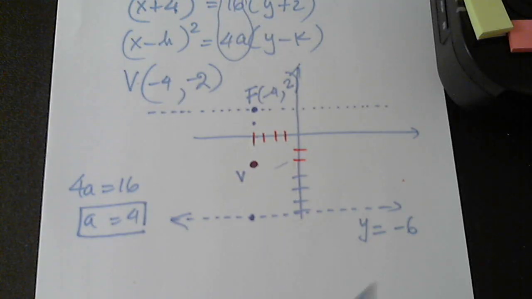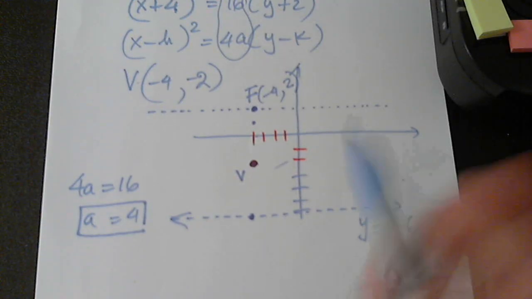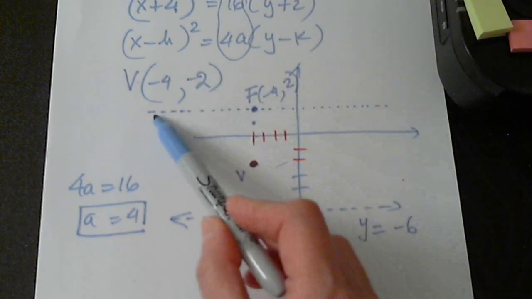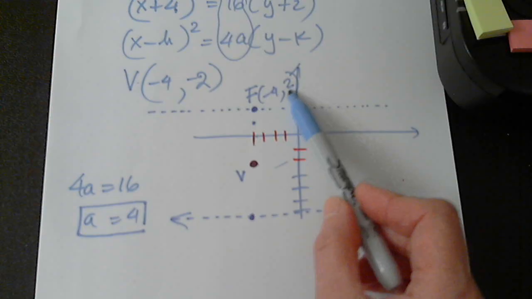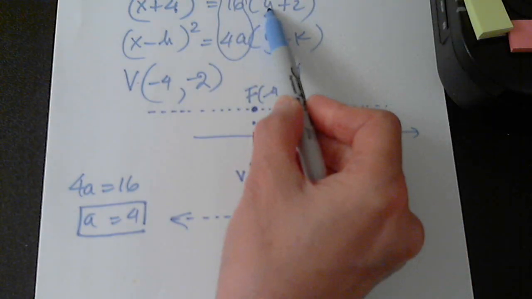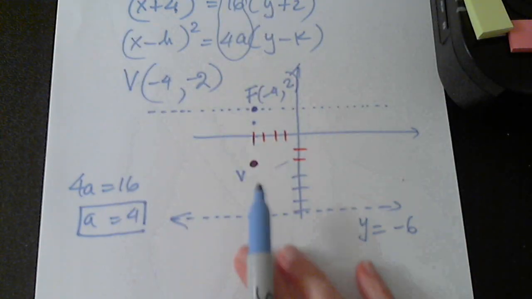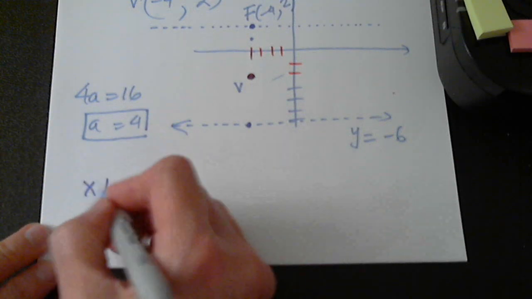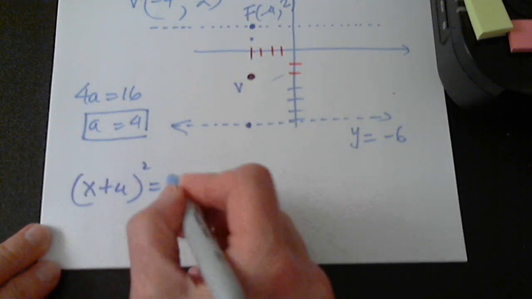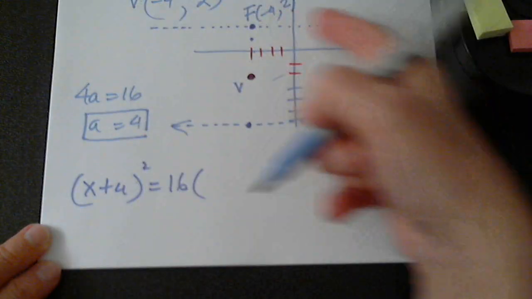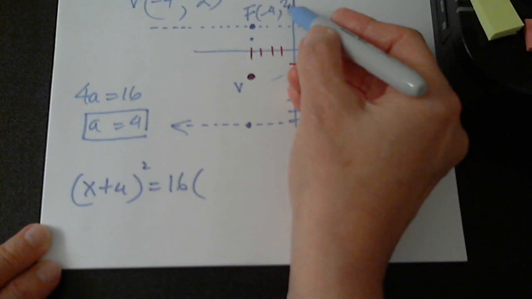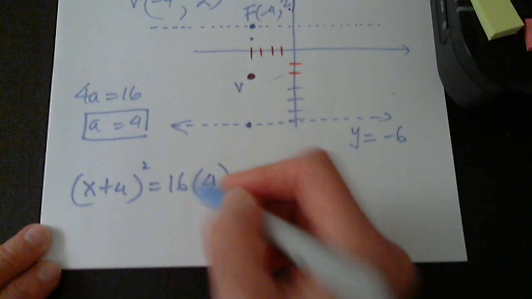So when y is 2, I will replace it in the equation to find x. (x + 4) squared equals 16 times (2 + 2), because I'm on this line with y equals 2. 2 plus 2 is 4.